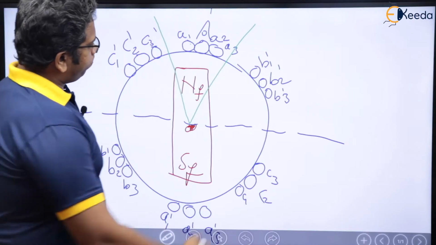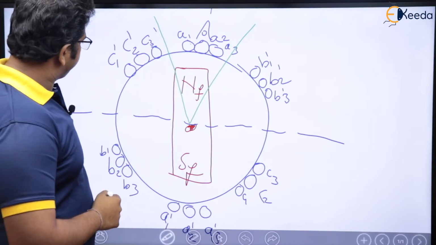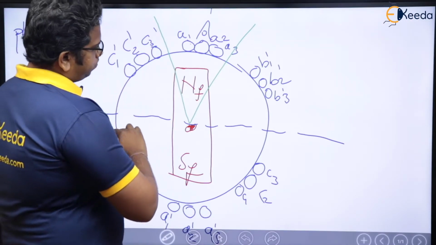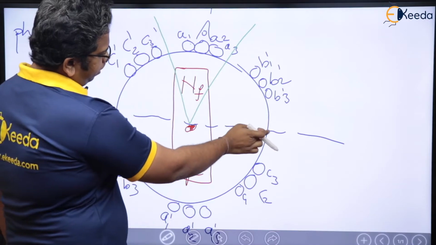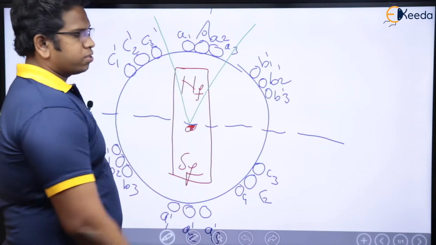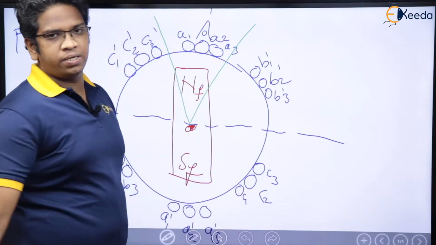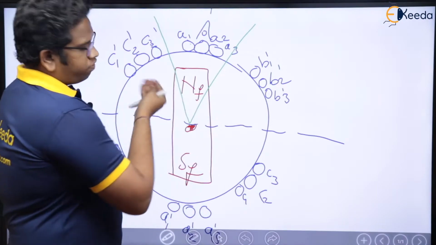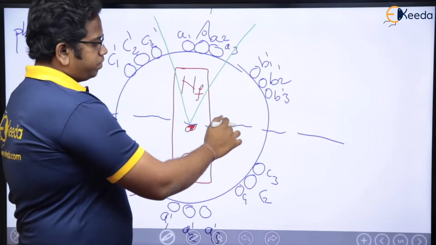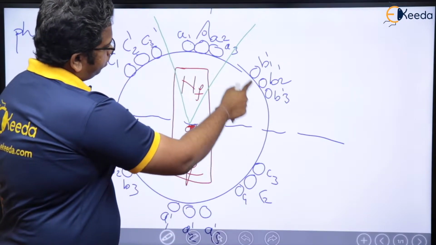Now help me with the angles. How much is the angle from here to here? This complete total is 360 degrees, and this is half of 360, which means this total angle is 180 degrees.